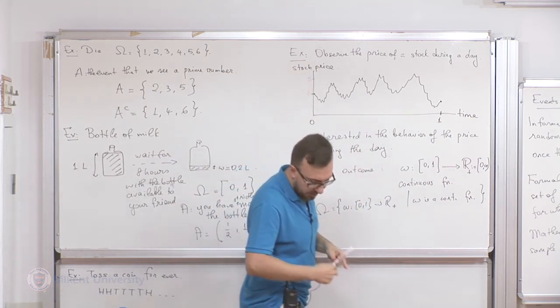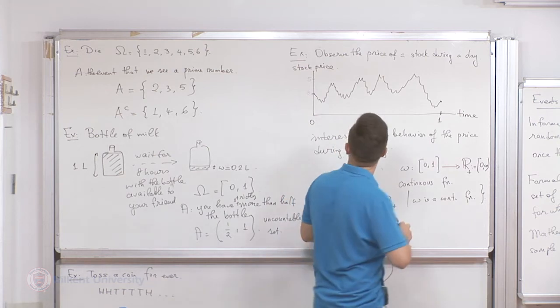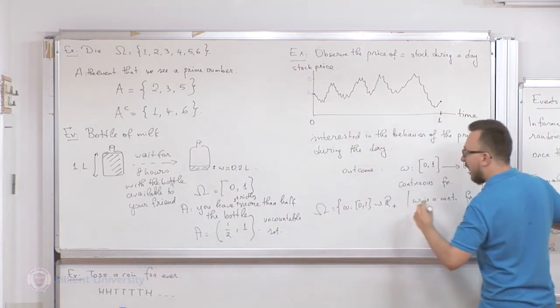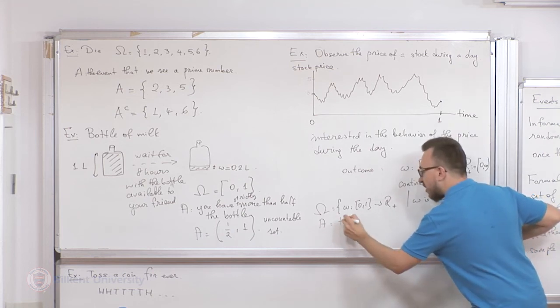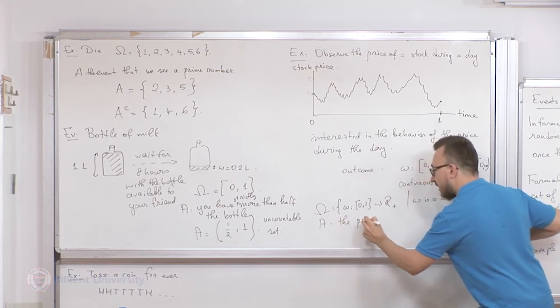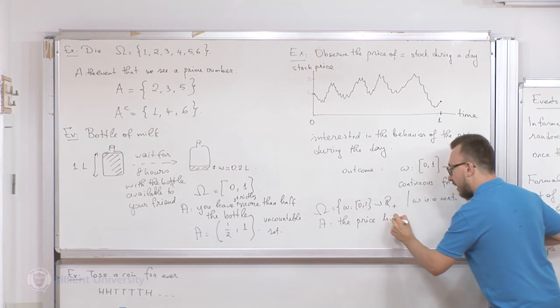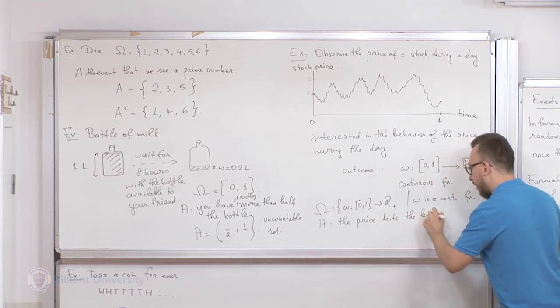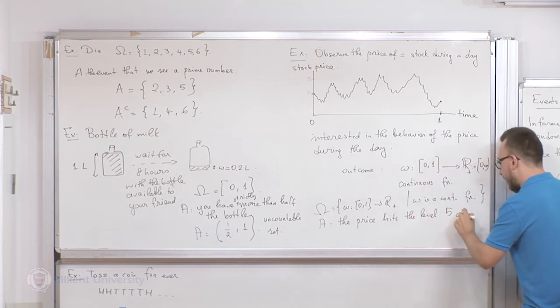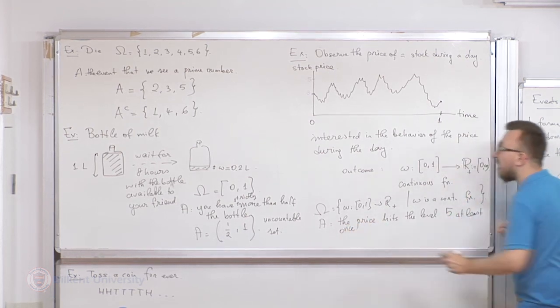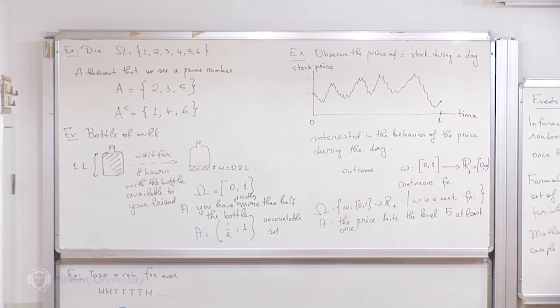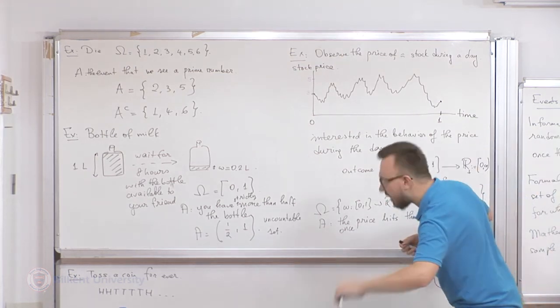The event is that the stock price hits the level 5 at least once. In other words, you have this level.